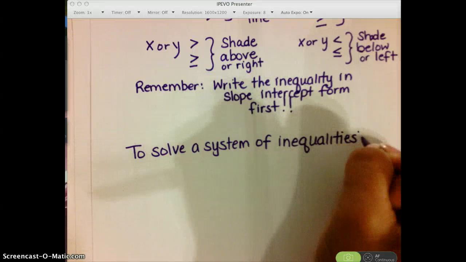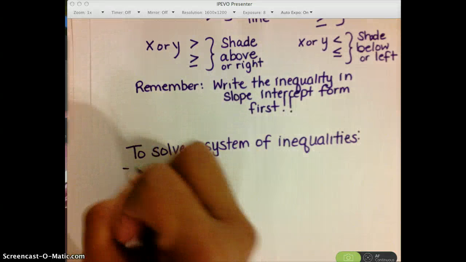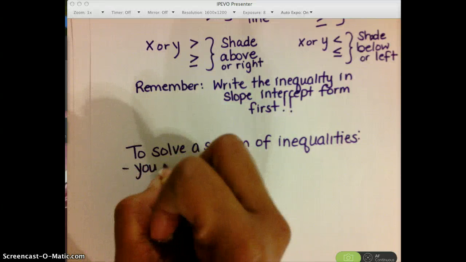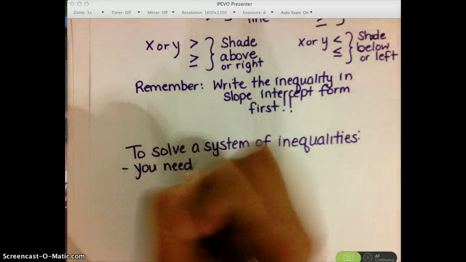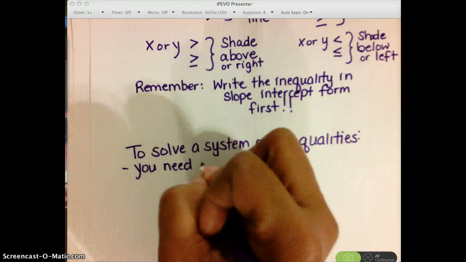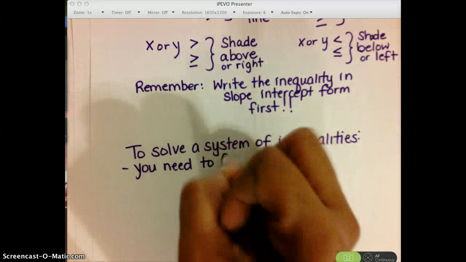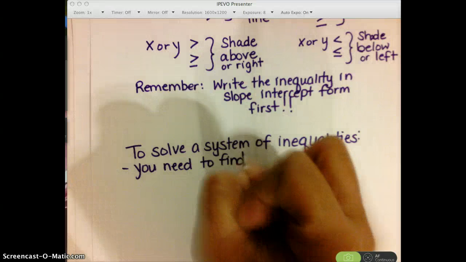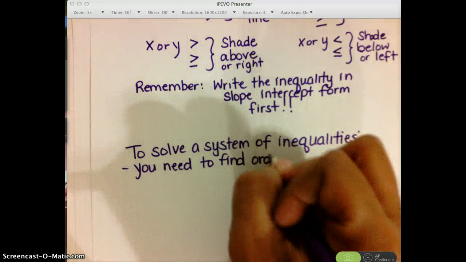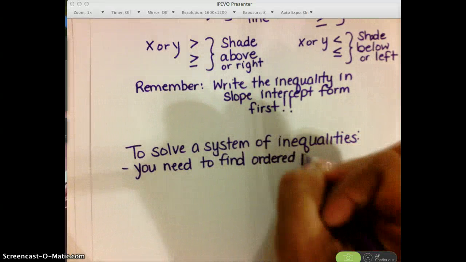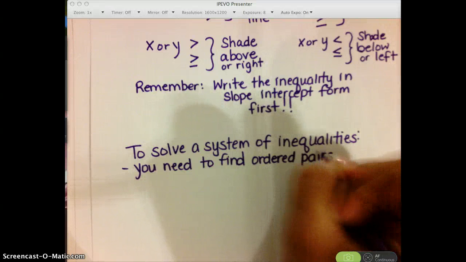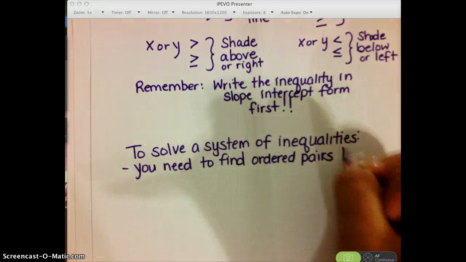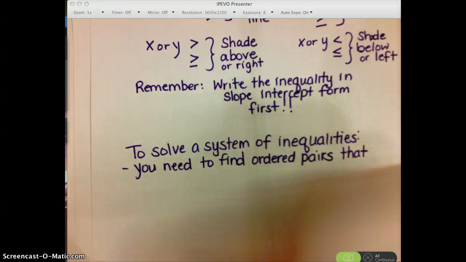All right, so to solve a system of inequalities, what you need to do is find a pair of ordered pairs that will satisfy all inequalities involved.